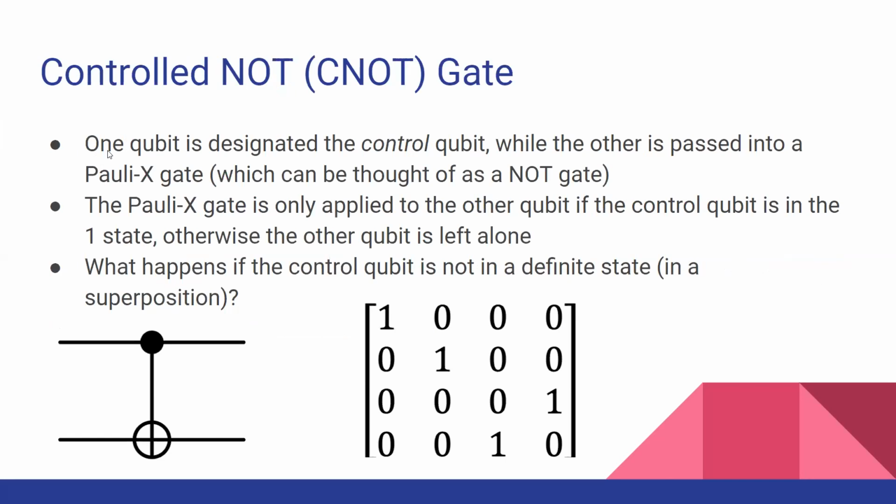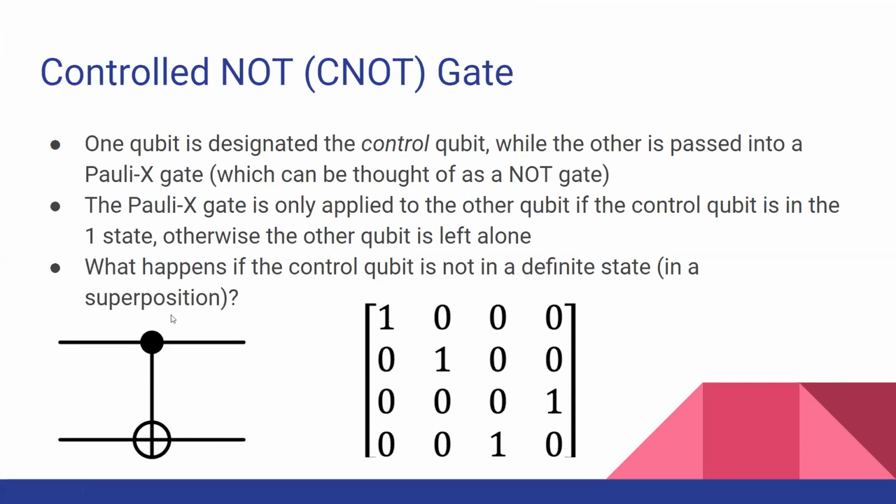This is called a controlled NOT gate, and this is a pretty important gate in quantum computing. How it works is you have 2-qubit inputs. The top qubit, the first qubit, is called the control bit, and the control bit handles the functionality of the second trace here, which is for the second qubit. Basically, if the control bit is in the definite 1 state, the second qubit will be transformed using the NOT operation.